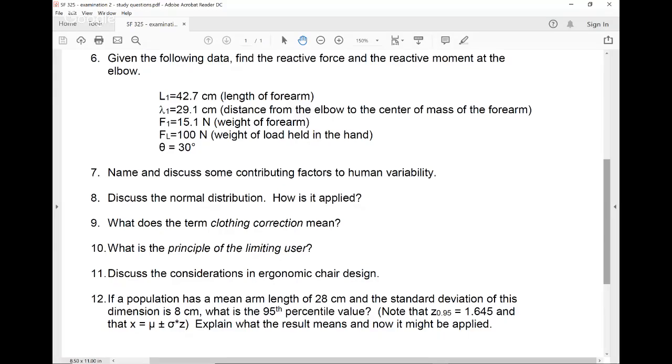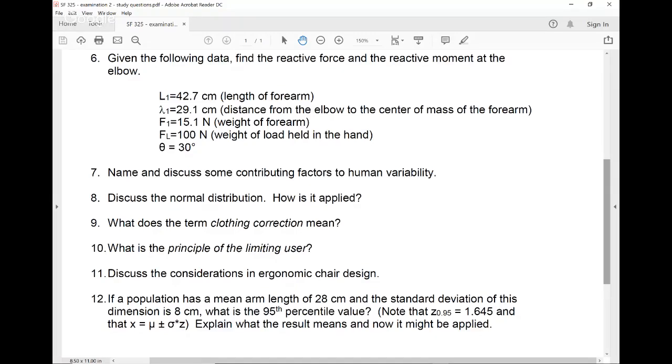Let's just do it real quick. So every calculator is different, and I'm just now learning.